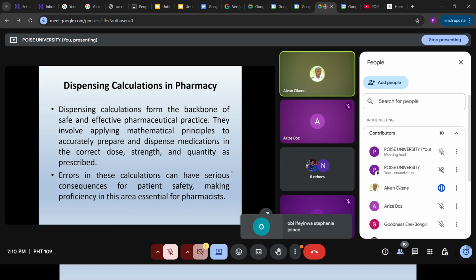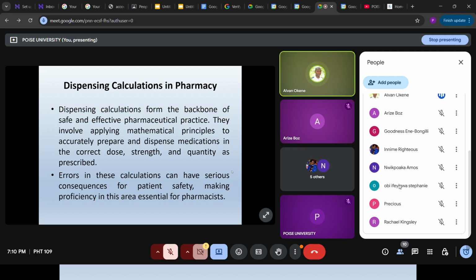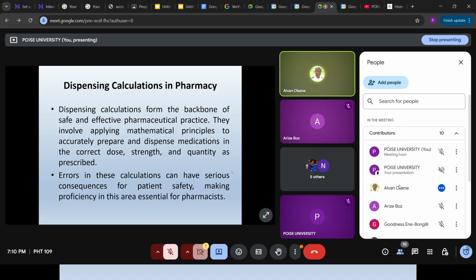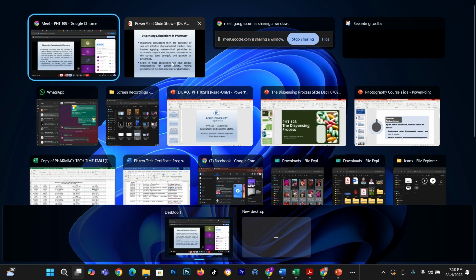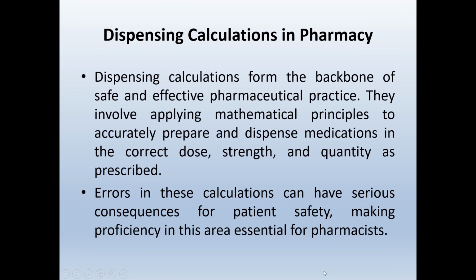They involve applying mathematical principles to accurately prepare and dispense medications in the correct dose, strength, and quantity as prescribed. Now, I understand there is another course on prescription, and I want to believe that you have done an introduction on that course, so that I don't bother stressing what prescription is, right? But for the sake of this course, you will dispense what has been prescribed.